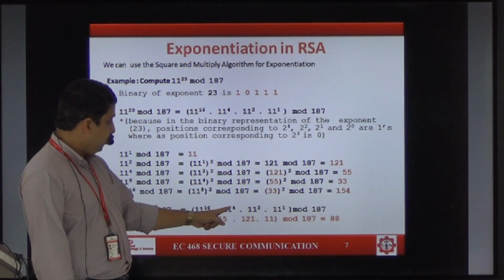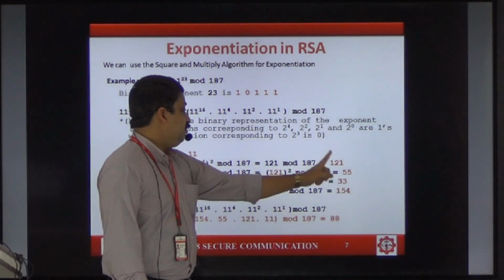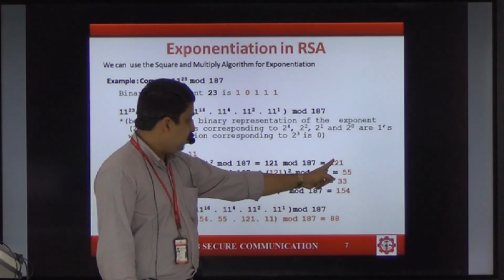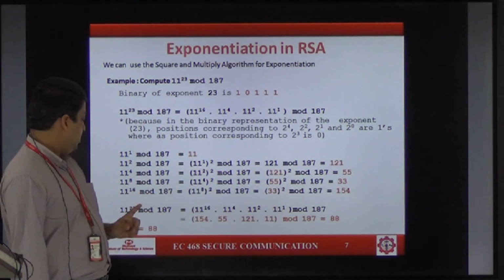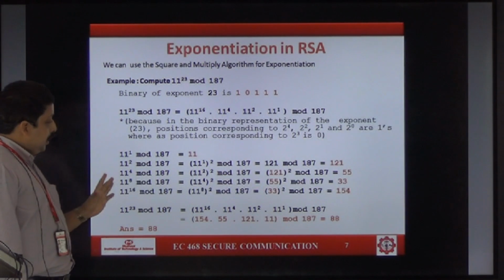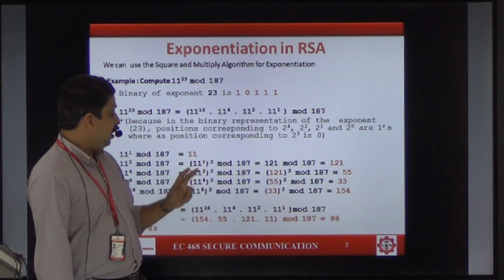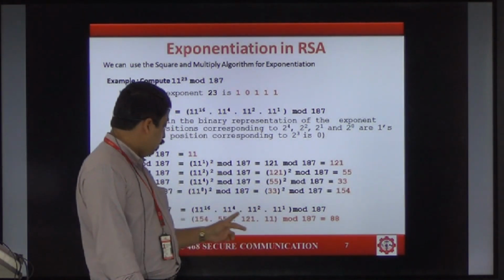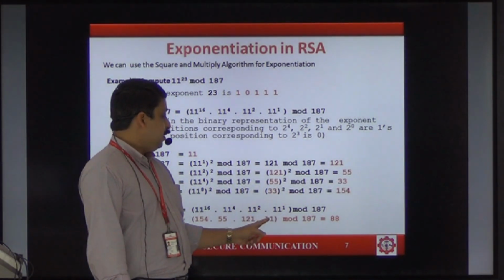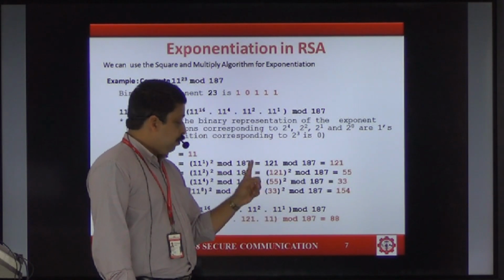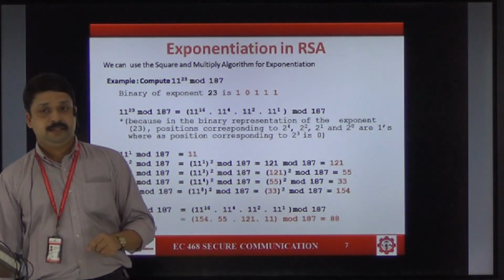So 11 raised to 4 mod 187 is 55. Then we have that 121 and finally this 11. So we take the product of these four terms, and finally we take the modulus operation. Multiply these 4 terms, find the result and take the modulus operation, and you will be getting 88.